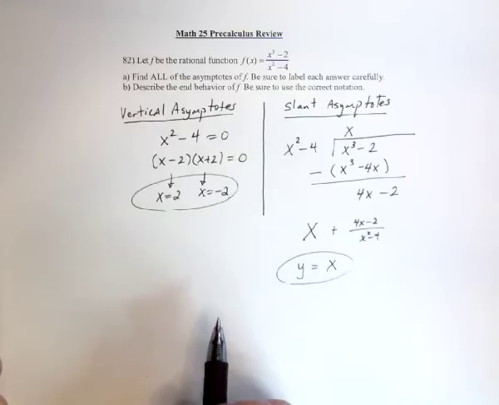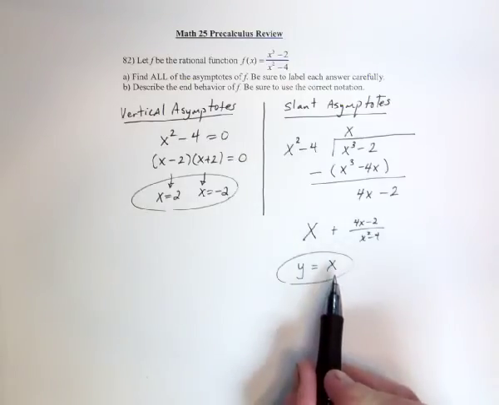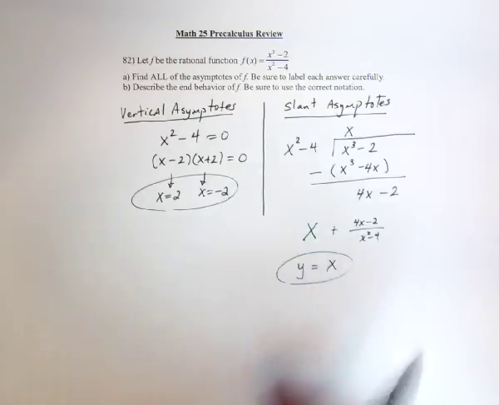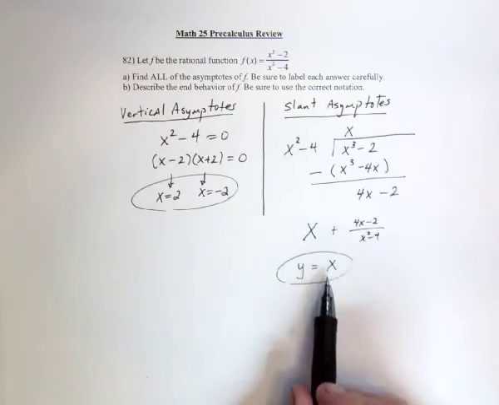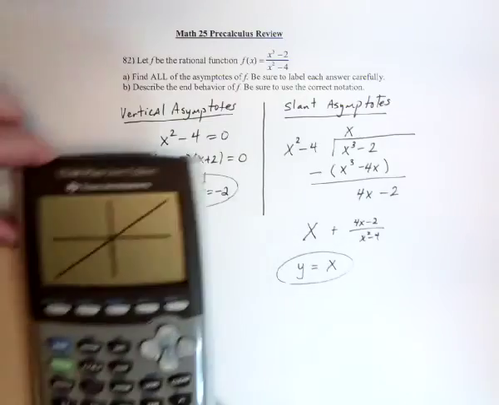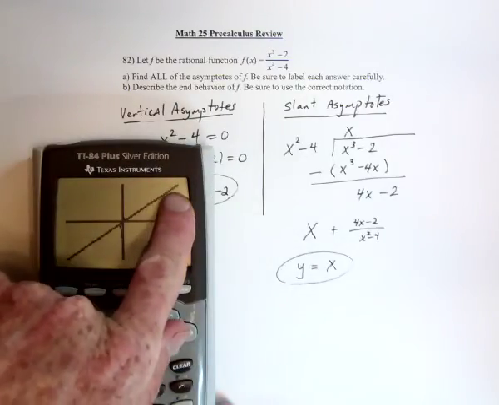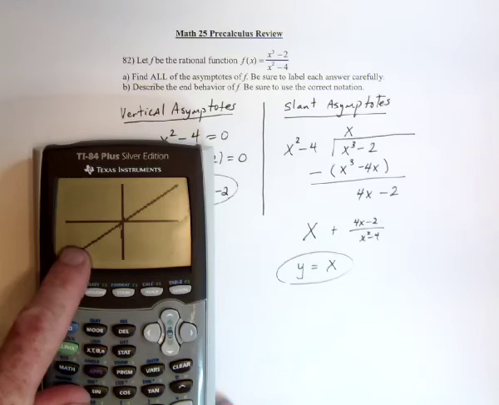Okay, then describe the end behavior. Well, the end behavior means as you go far, far out, what's happening to the ends. So it's the same as this, y equals x. So you can see the right side of the graph is going up forever, the left side is going down.